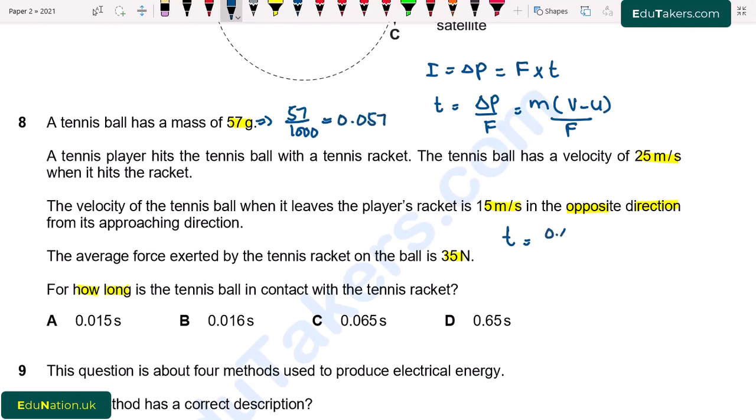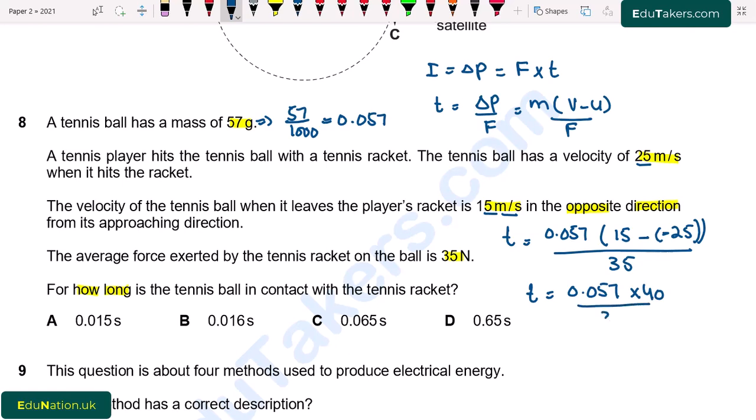So here I write 0.057 multiplied by v, which is the final velocity, 15 meter per second, minus initial velocity is 25, but after the collision direction is opposite, so I write here minus 25, divided by force which is 35. So T will be equal to 0.057 multiplied by 40 divided by 35. So time will be equal to 0.065 seconds. So here C option is correct.